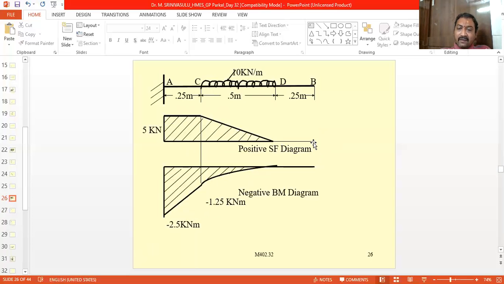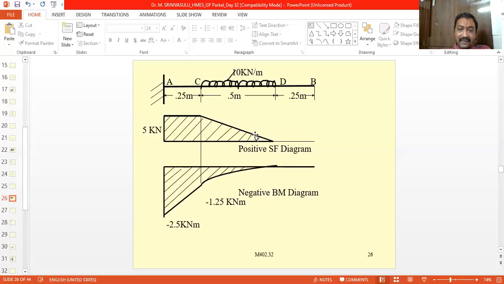So there is no shear force acting between the points B and D, so simply this zero line continues up to B and D. Now at point C, the value of the shear force is 5 kN, and here also 5 kN.